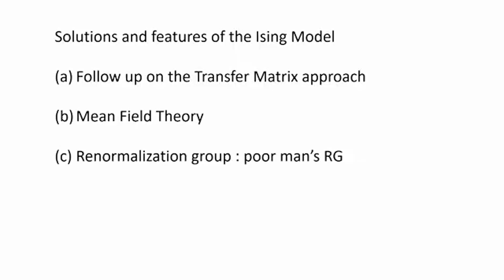And this is possible in any dimension greater than 2, and exact solutions, as I said, are available in only 1 and 2 dimensions, and we are simplifying the discussion by resorting to only 1 dimension. But of course, when we do the mean field theory, you see that it is irrespective of dimension, and then we will do the renormalization group. So, just a little follow up on the transfer matrix that we did.